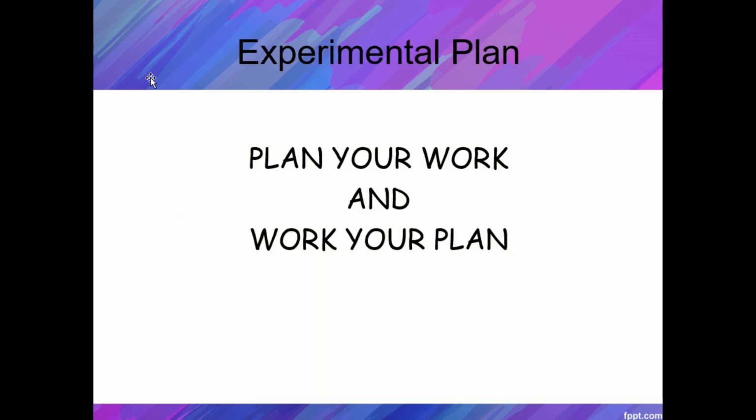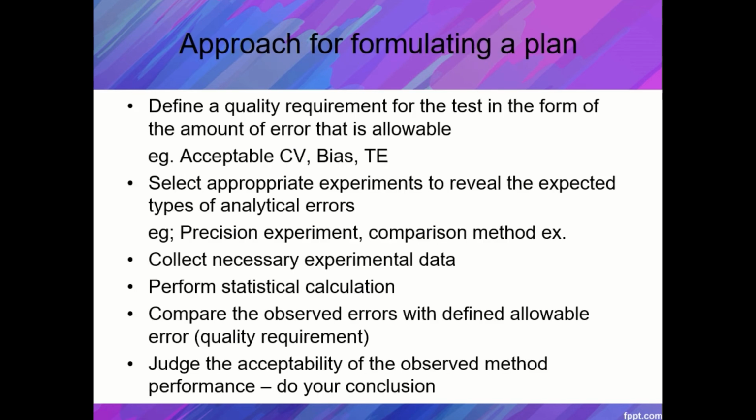So for the experimental plan, you need to plan your work and work your plan. Before you do the experiment, you need to plan it. These are the steps of planning the experiment.